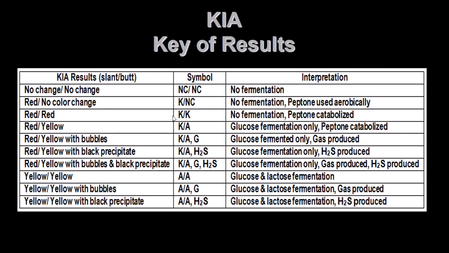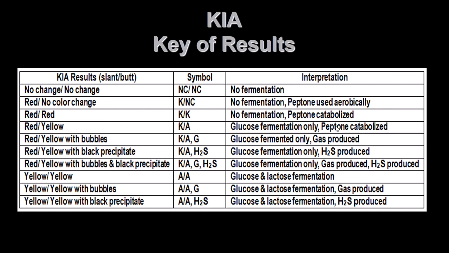Red over red, we put that as K over K: no fermentation, and the peptone is only catabolized. When we start seeing yellow, we see the start of the fermentation process, like red over yellow, where the red is at the slant. We put that as K over A. So the glucose, for example, is only fermented, and the peptone is catabolized.